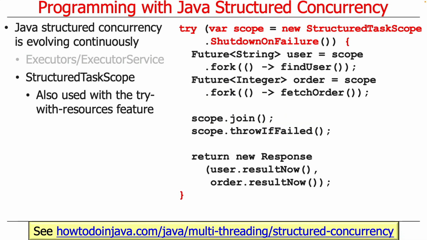Now, the StructuredTaskScope stuff is also used with the try with resources feature, just like the ExecutorService stuff we saw, except there's a couple new names. So you make a new StructuredTaskScope ShutdownOnFailure instance.